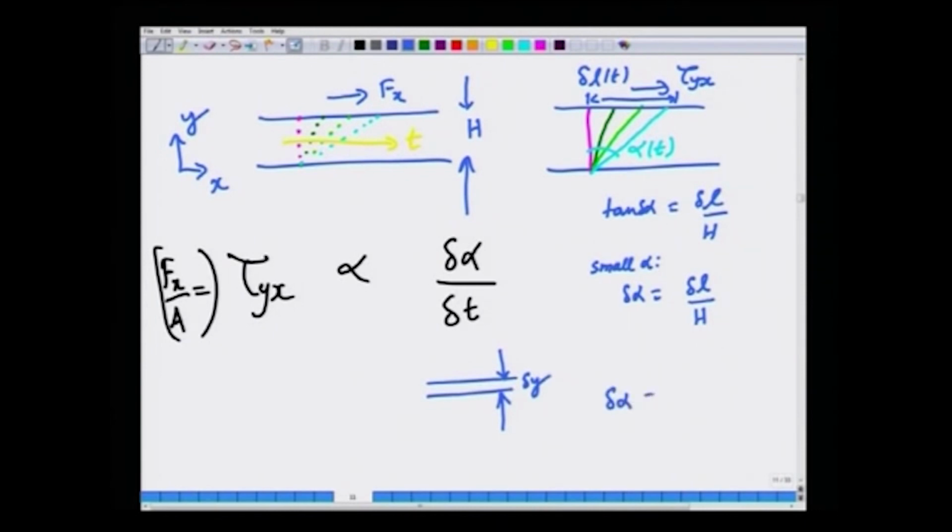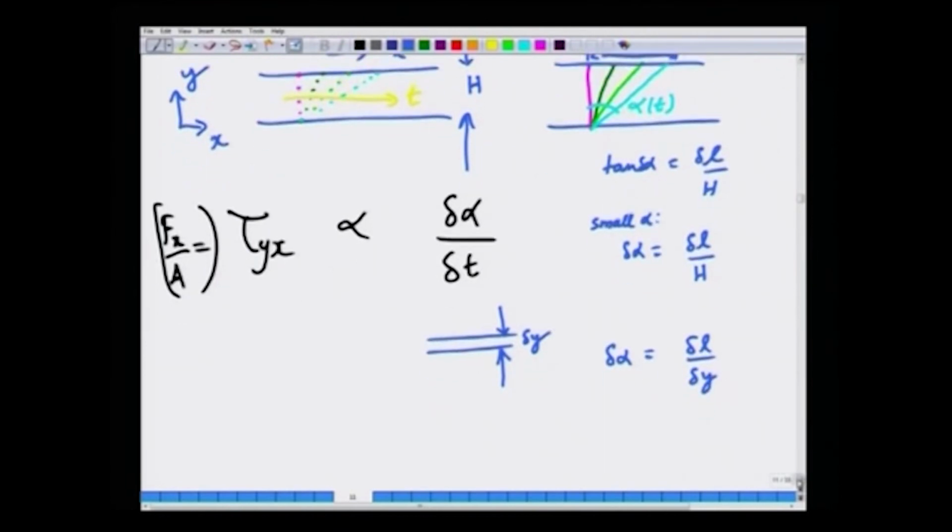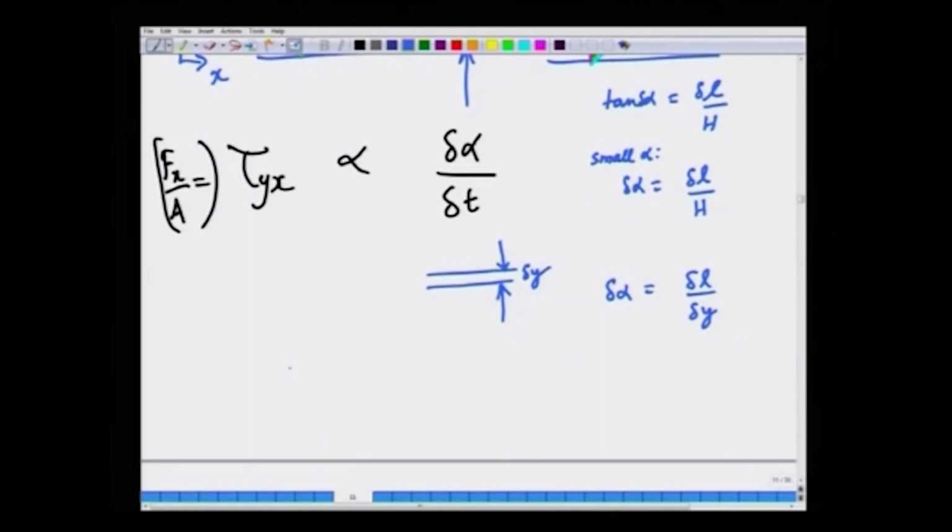So, delta alpha will be delta L by delta y. In the limit as delta t goes to 0, delta alpha by delta t will become delta L by delta t divided by delta y.